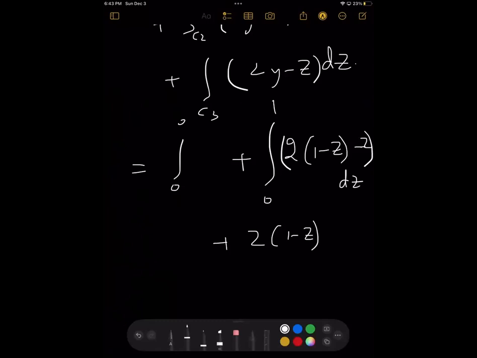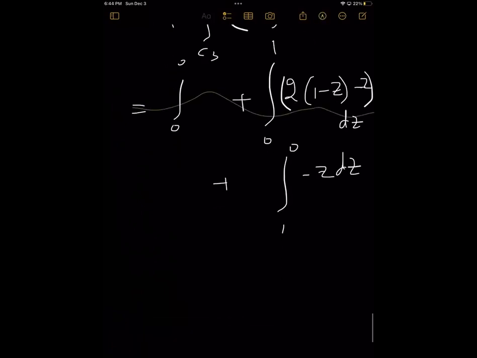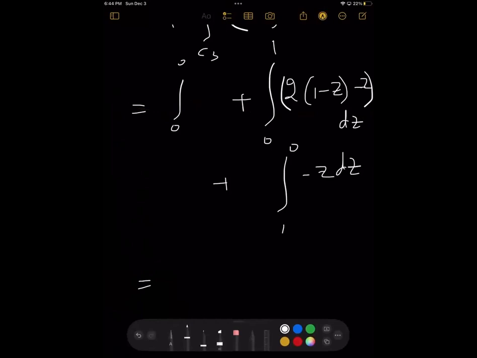But in the third curve, y is 0. So it will become 1 to 0, and y is 0. So it is minus z dz. So now it is easy. We have 2 minus 2z minus 3z.